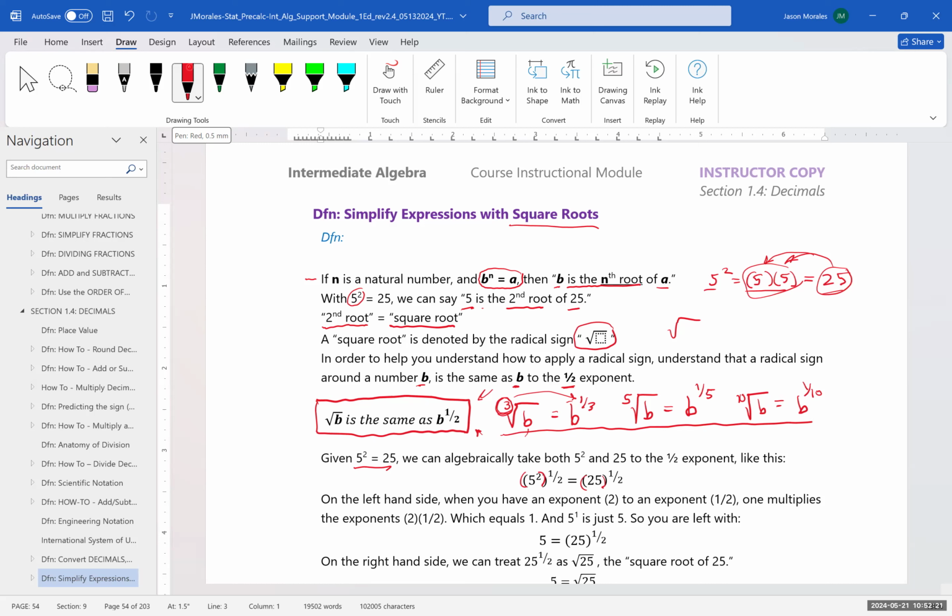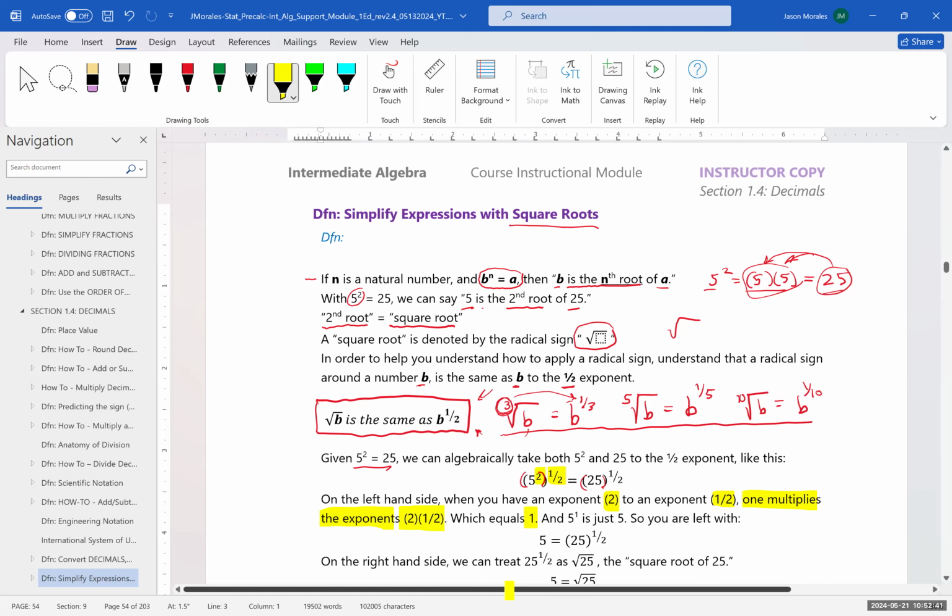And so on the left-hand side, we have an exponent 2 to an exponent of 1/2, so we have an exponent to an exponent, then we multiply the exponents. So it'll be 2 times 1/2, which equals 1. And 5 to the 1 is just 5, so all of this simplifies to just 5 on the left-hand side.